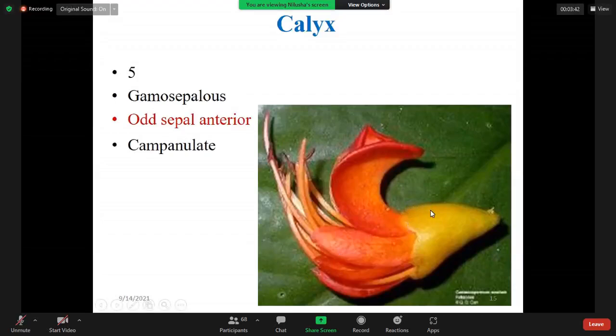In this flower, there are 5 sepals, fused together. You can see there is no margin. These five sepals are fused, so we call it gamosepalous. Also, the shape of this calyx is like a bell, so we call it campanulate. Is it understood? Yes, ma'am.